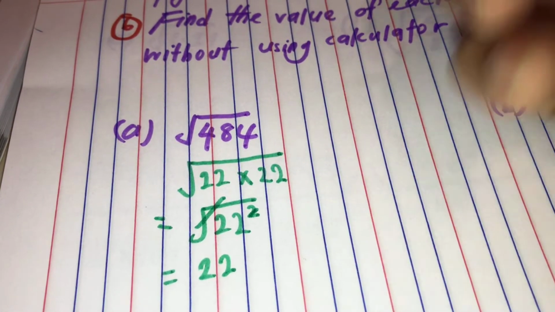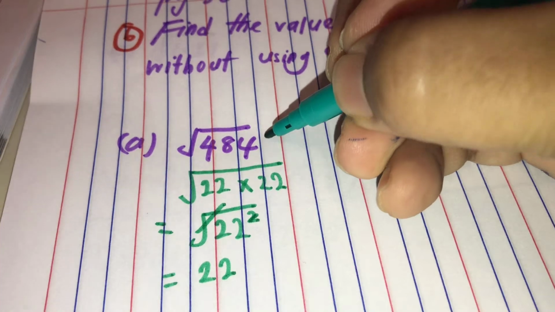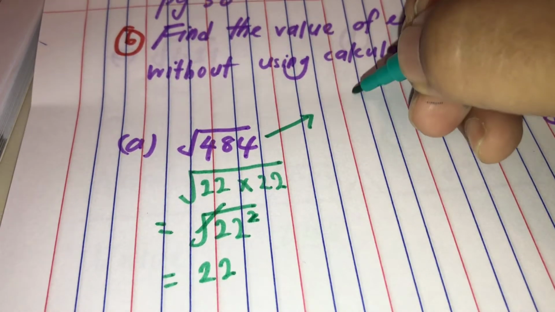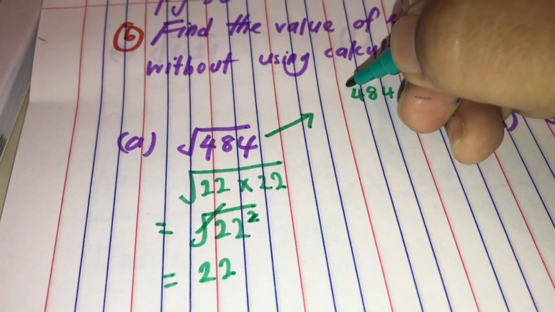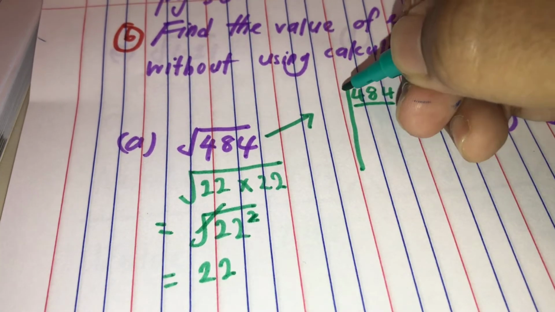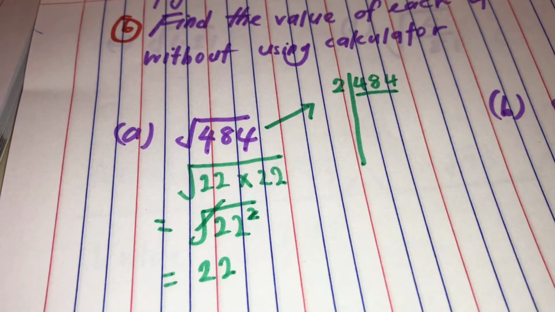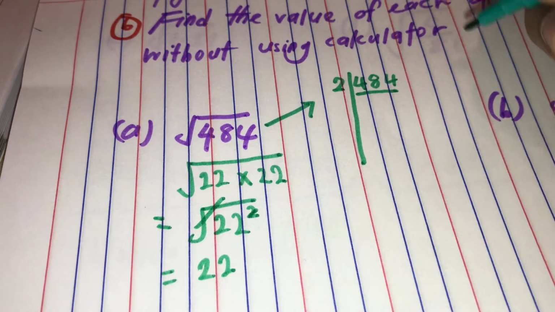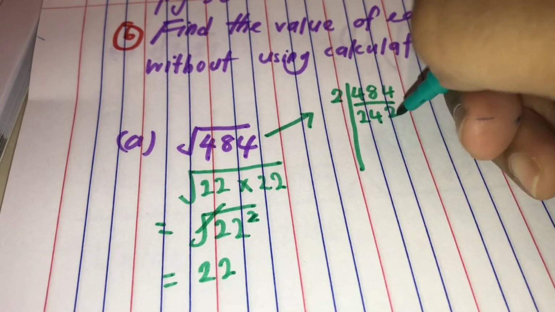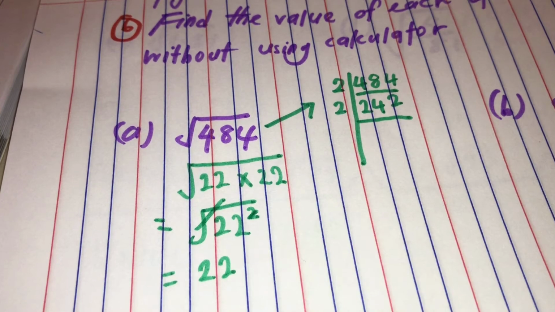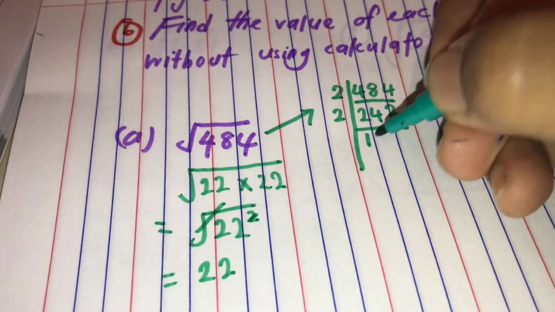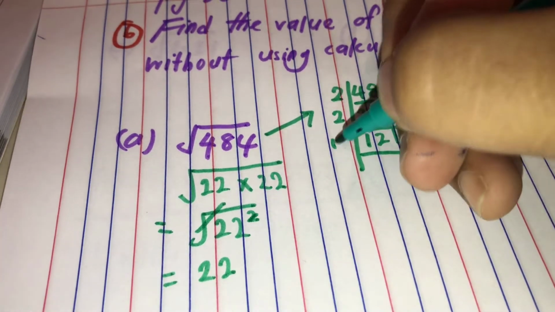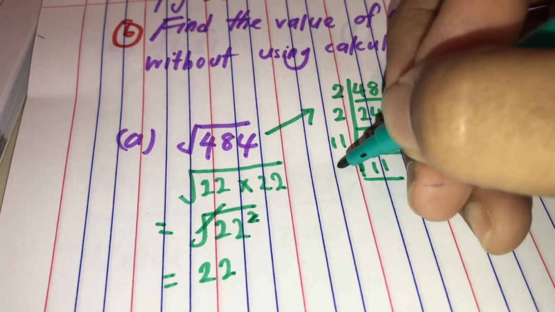Another method. You want to check whether 484 is a perfect square or not, you can use repeated division or the factor tree method. You divide 484 by 2, you get 242, and then divide by 2 again, we get 121. 121 divided by 11, you get 11. 11 divided by 11, you get 1.